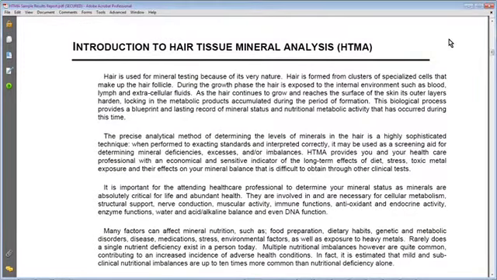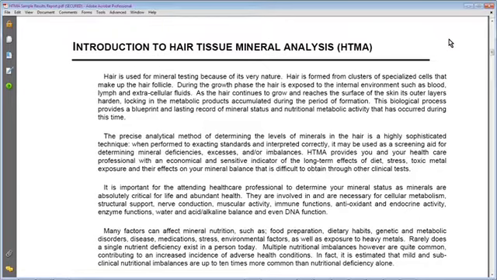Hair is used for mineral testing because of its very nature. Hair is formed from clusters of specialized cells that make up the hair follicle. During the growth phase, the hair is exposed to the internal environment such as blood, lymph, and extracellular fluids.